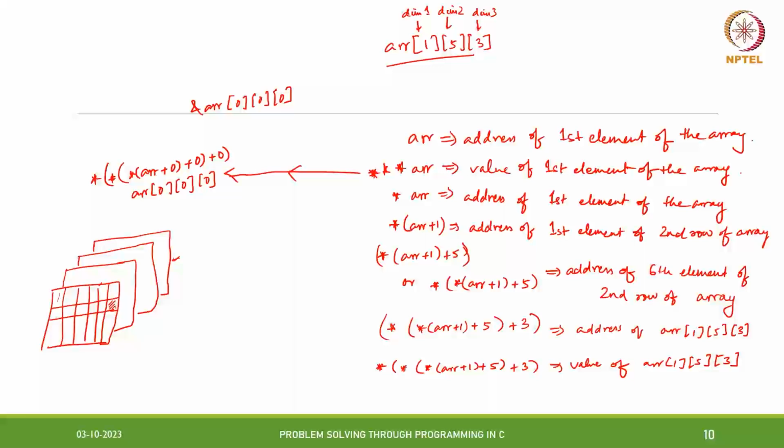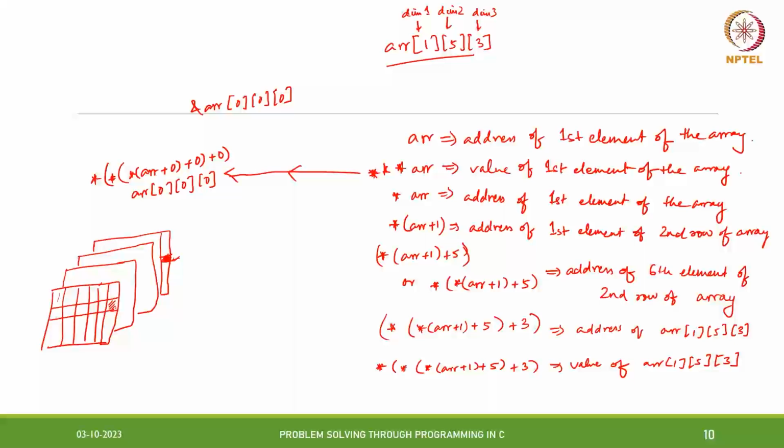So I was pointing to this earlier, right? Now I go along the sheets to the fourth sheet and I point to the same element here. I point to this element now. Okay, so that is ARR plus 1 plus 5, this entire expression points to the address of this particular element. So I go along the third dimension by 3 units. So I go from 0 to 1, 2, 3.